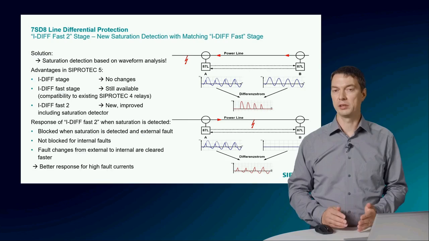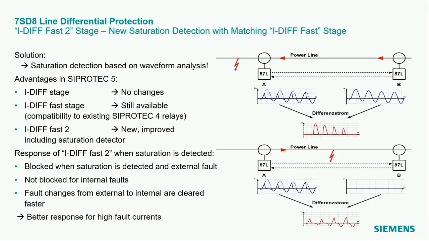The improved EDIF Fast 2 works together with the saturation detection. The advantage in SIPROTEC 5 is that you still have the EDIF stage, there's no change. We also provide the EDIF Fast stage, which is still available for compatibility to the existing SIPROTEC 4 devices. And new and improved is the EDIF Fast 2 stage, which includes a saturation detector.